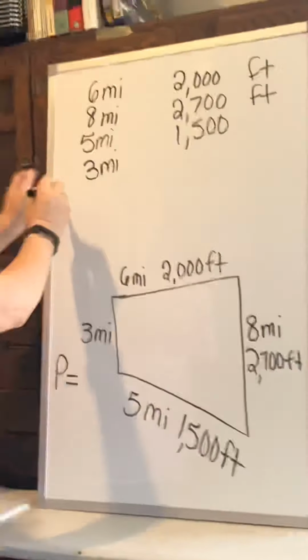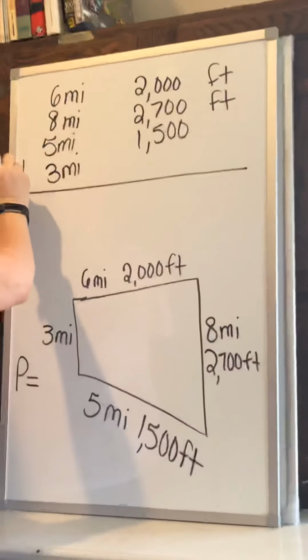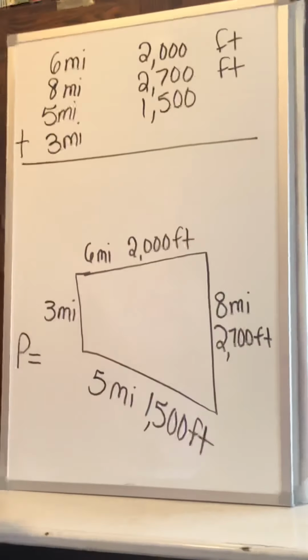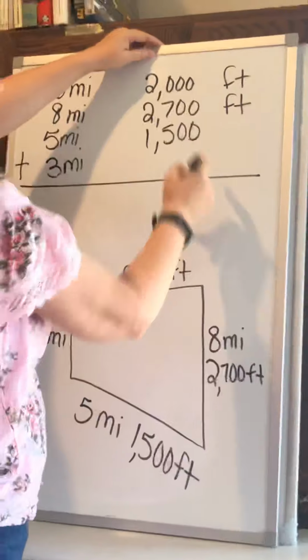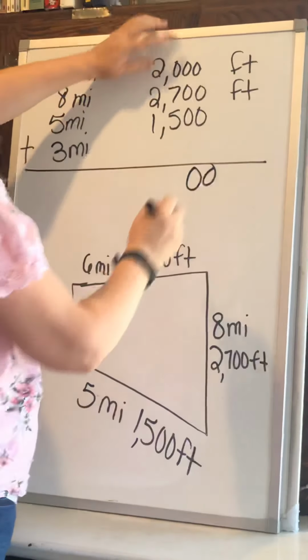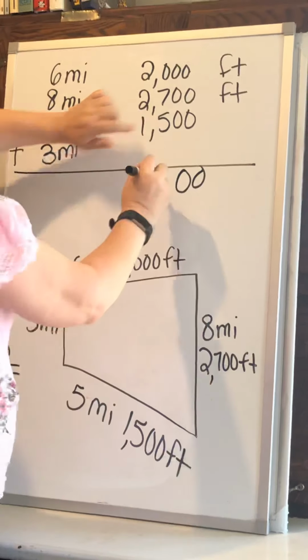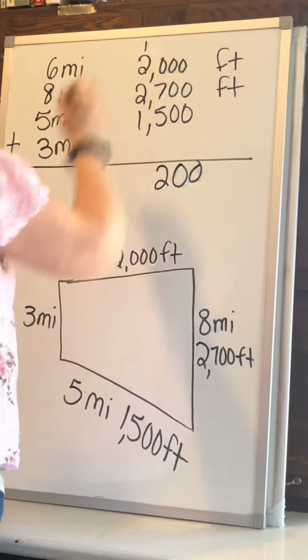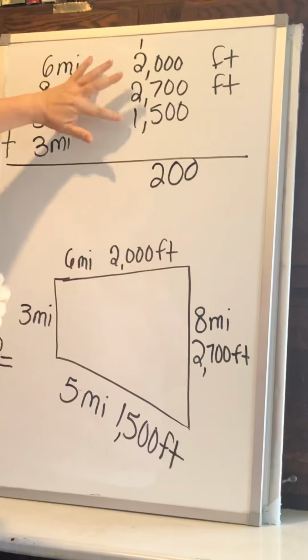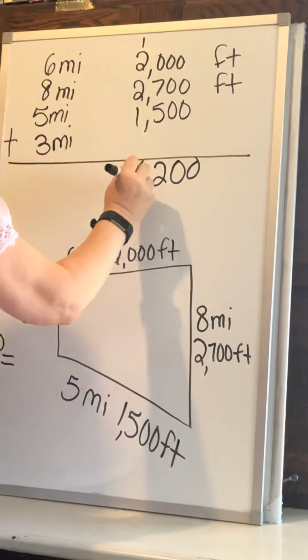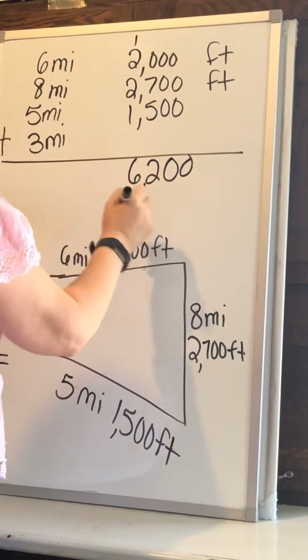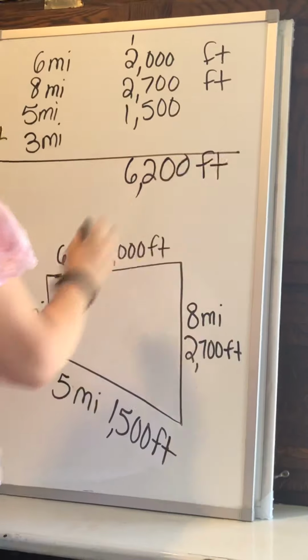So we're going to add all this up in the respective rows. We have 0, 0, 7 plus 5 is 12, carry the 1, and then 1, 2, 2, 1, and that adds up to 6. So we have 6,200 feet. How many miles do we have?